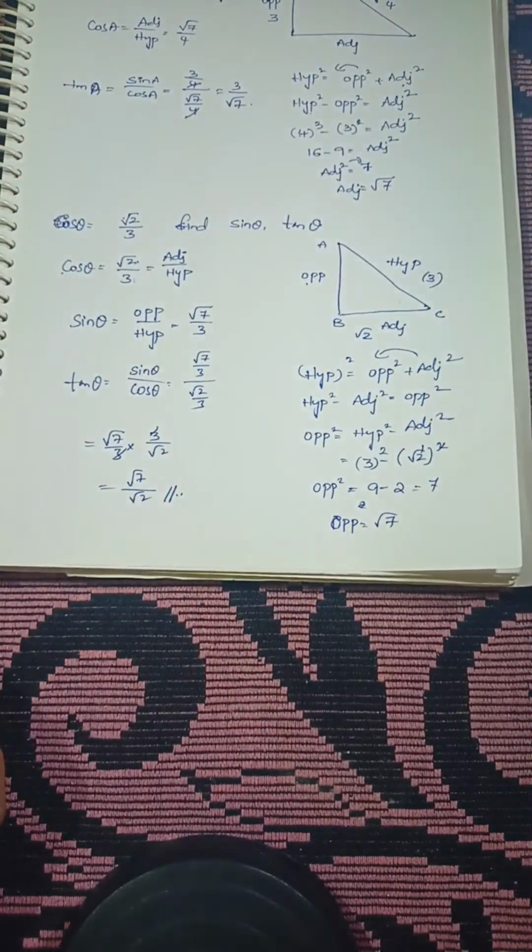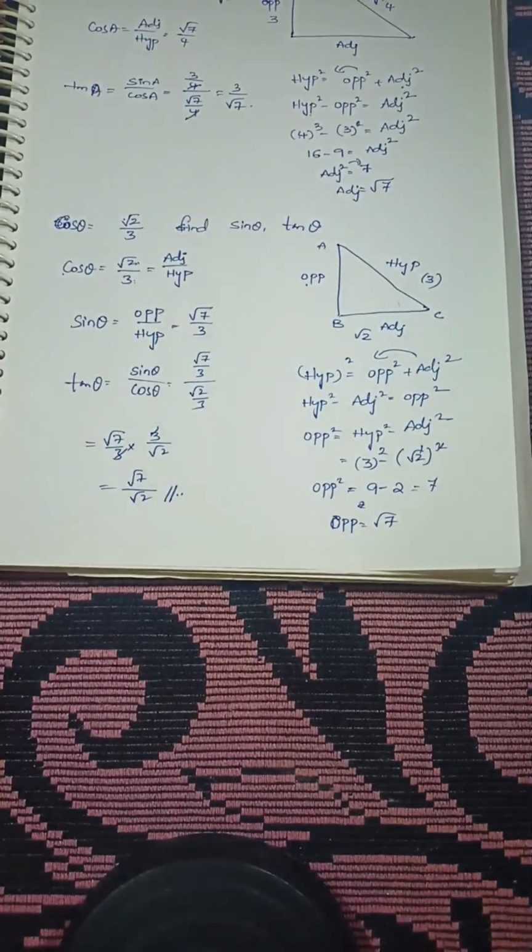Like this we are going to get the value of sin theta. So like this only we have to find out all the values which are given in the questions of exercise 8.1. Very easy, just finding the values.